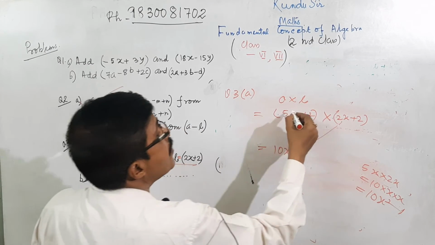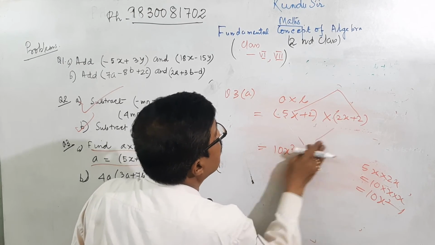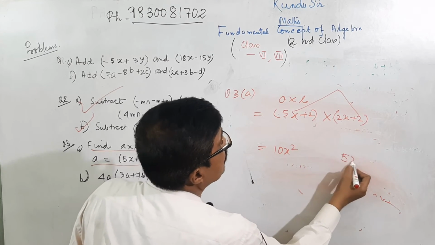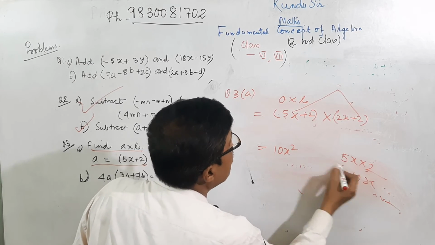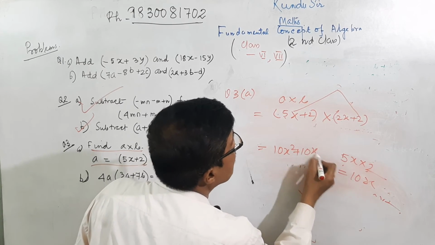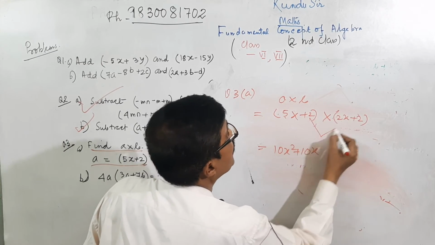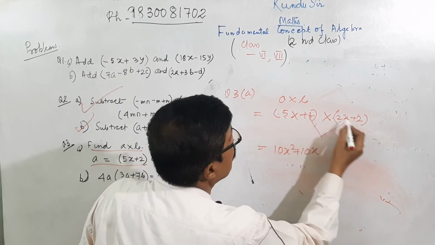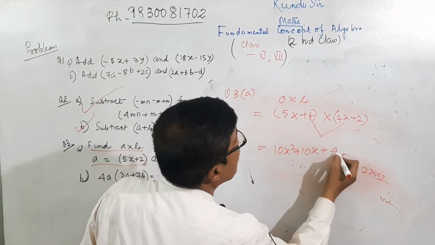Now 5x into 2 equals 10x. Now 2 into 2x equals 4x.